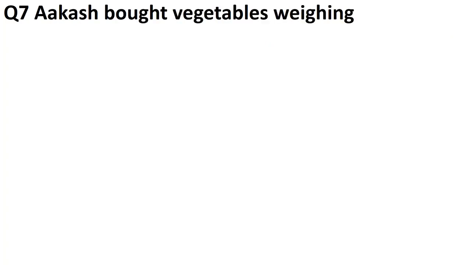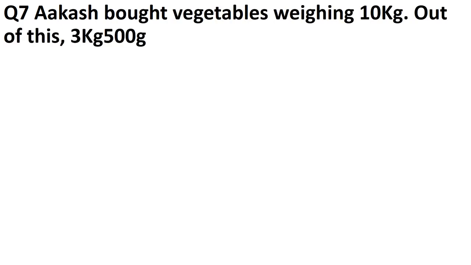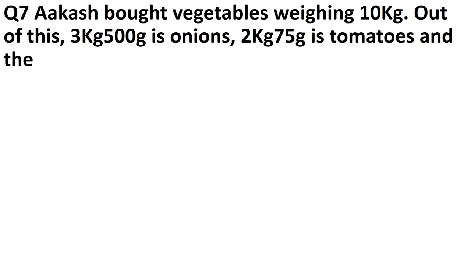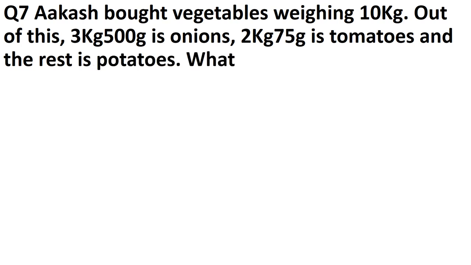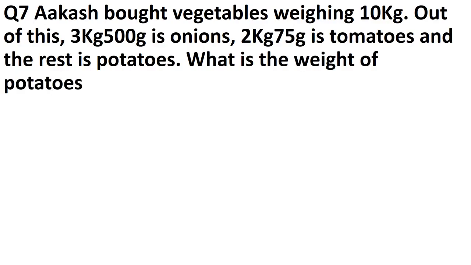Now this is the statement sum. This is question number 7 of your exercise 8.6. Akash bought vegetables weighing 10 kg. Out of this, 3 kilogram 500 gram is onion, 2 kilogram 75 gram is tomatoes, and the rest are potatoes.